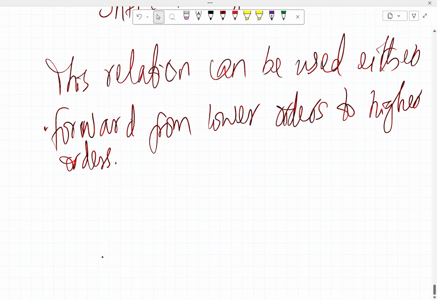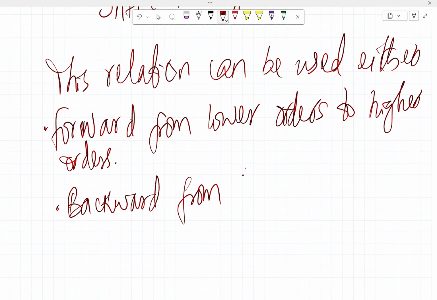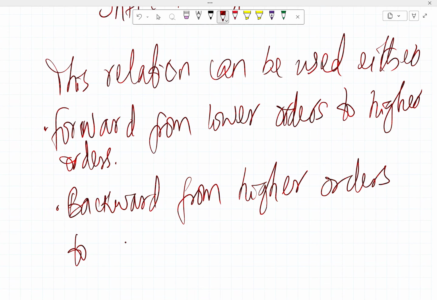It can also be used backward, from higher orders to lower orders.